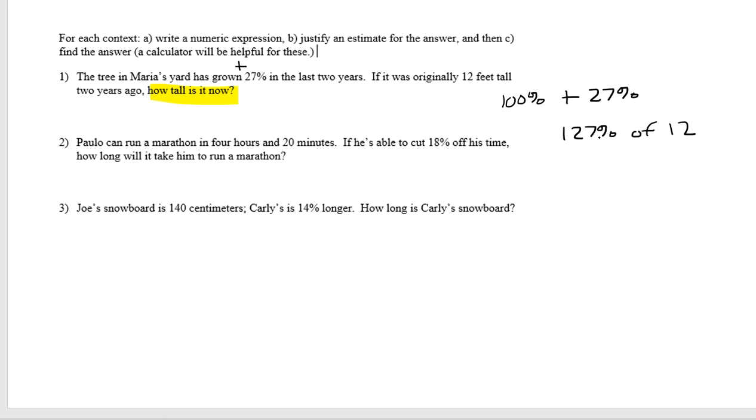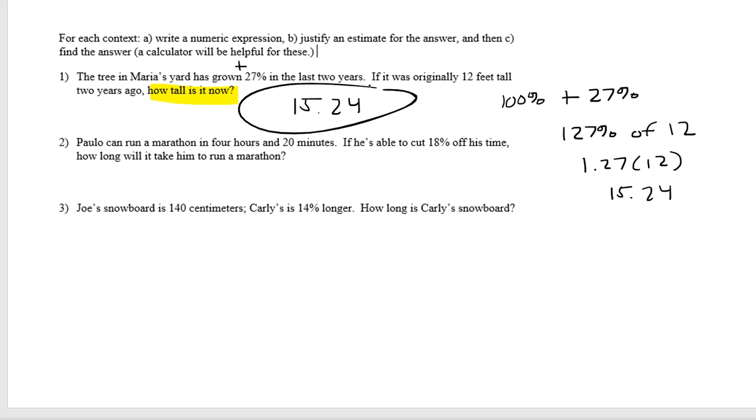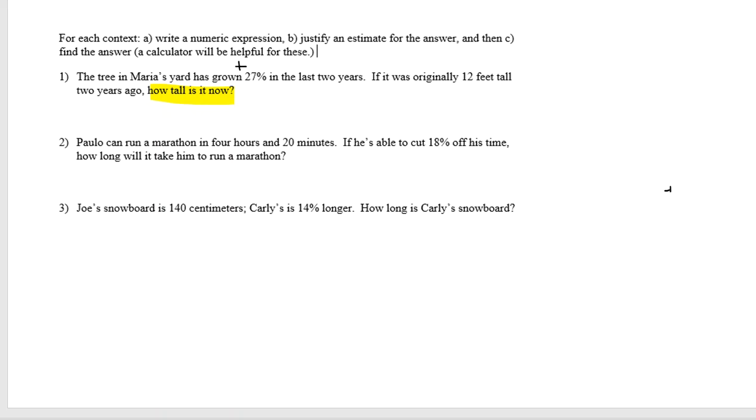Okay? So we can now change this 127% to 1.27. We can times that by 12, and when we do that, we get 15.24. Okay, so either way we look at this, either expression that we write, both answers give us a 15.24. Okay, let's look at the next situation.